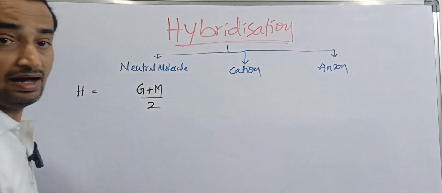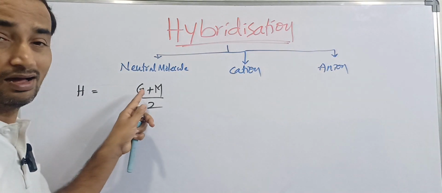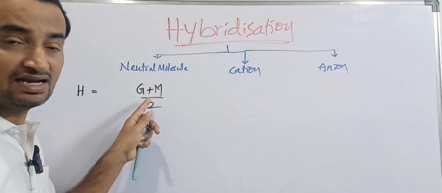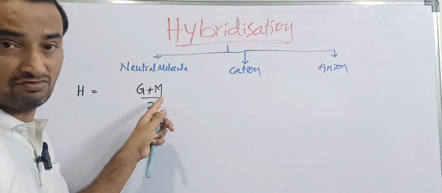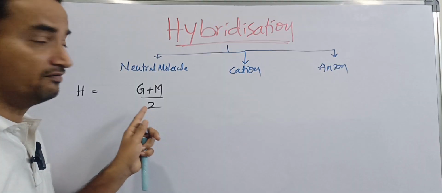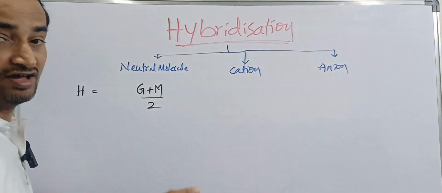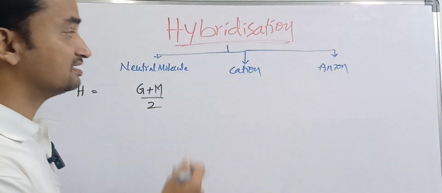Based on that value, we can decide the hybridization of that central atom.